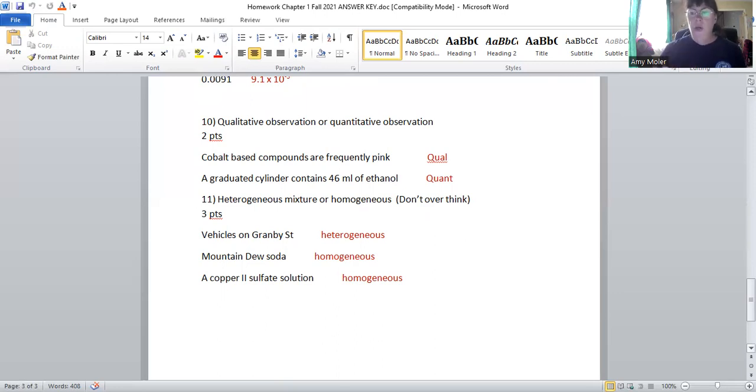It has a color, it has a sweetener, it's a liquid, it's all dissolved together. It should be relatively the same all the way through. And the last one, note solution is the key word. Anything that is designated a solution should be homogeneous.